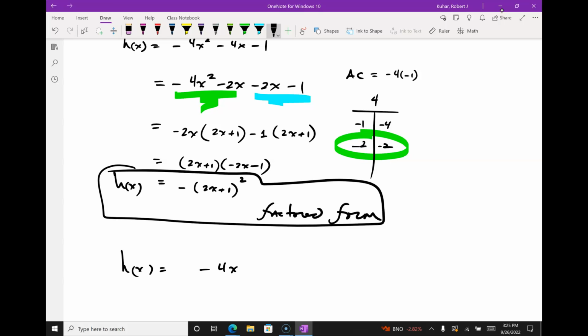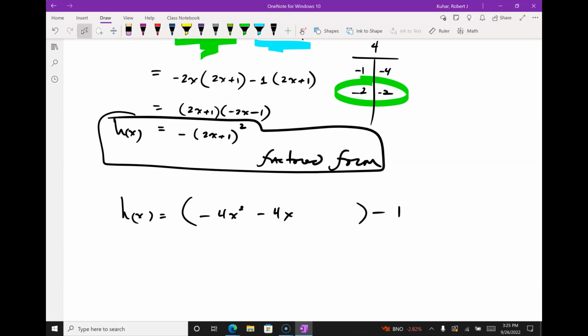I have minus 4x squared minus 4x in parentheses, minus 1, right? I'm grouping the x squared term and the x term together, and I'm leaving out the constant. What can I factor out from the leading coefficient here? Minus 4. So I get what? X squared plus x.